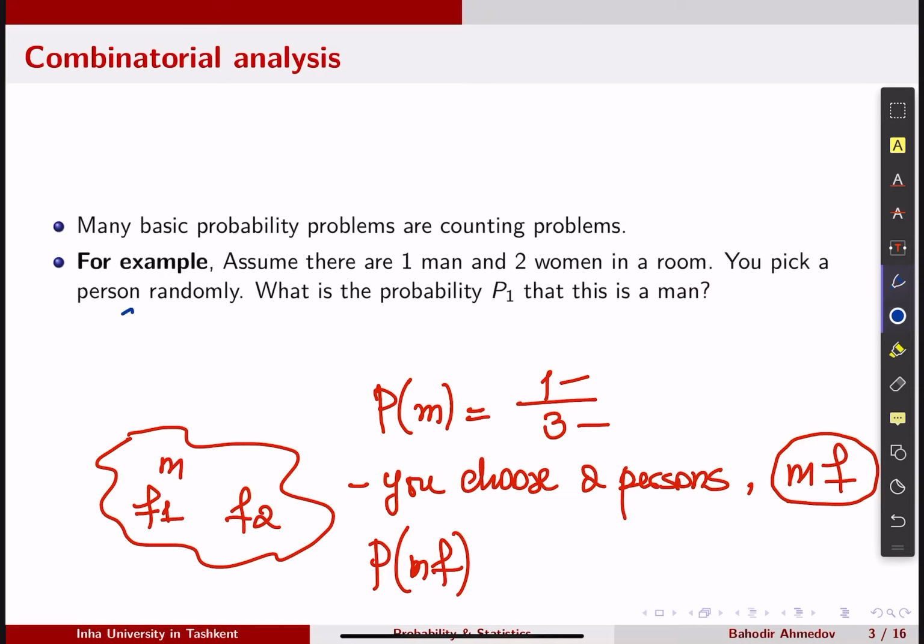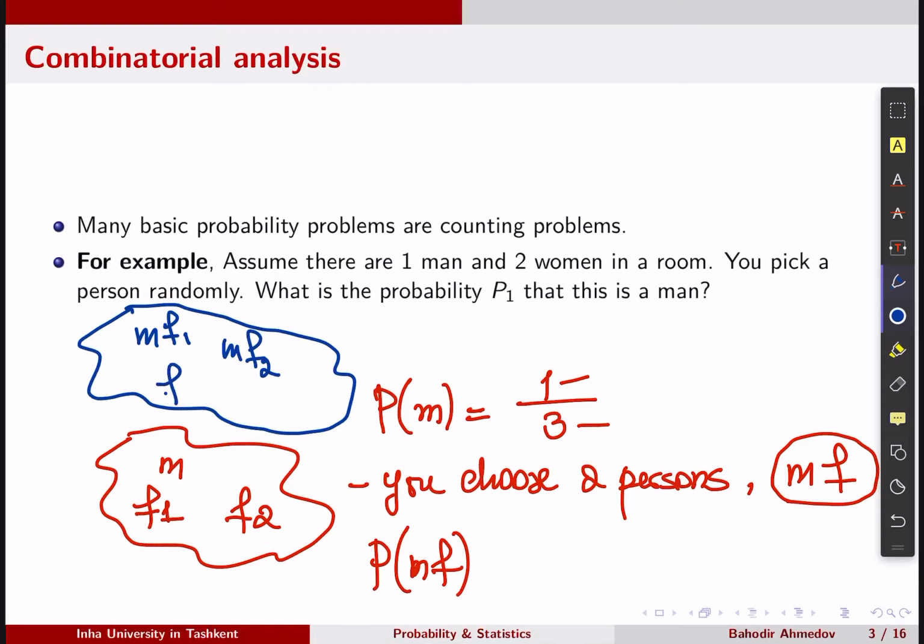Your sample space is going to contain 3 different cases: male and female 1, male and female 2, female 1 and female 2. So it's simply going to be 3 in the denominator. And which of the cases are 1 male and 1 female? There are 2 cases, this one and this one, which fit 1 male and 1 female. So basically you just need to put 2 here.